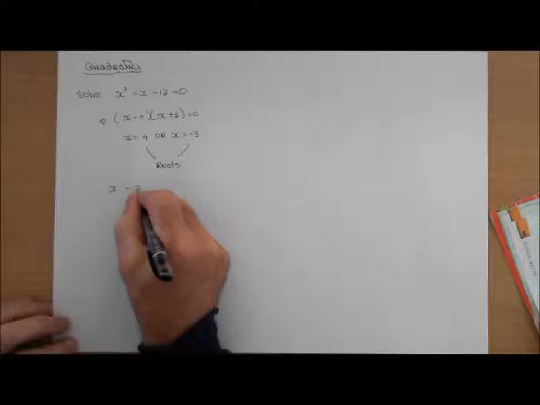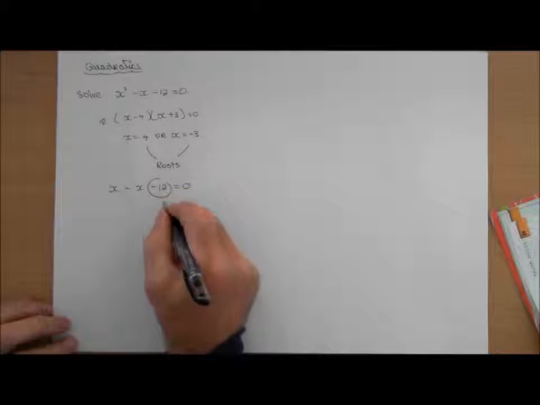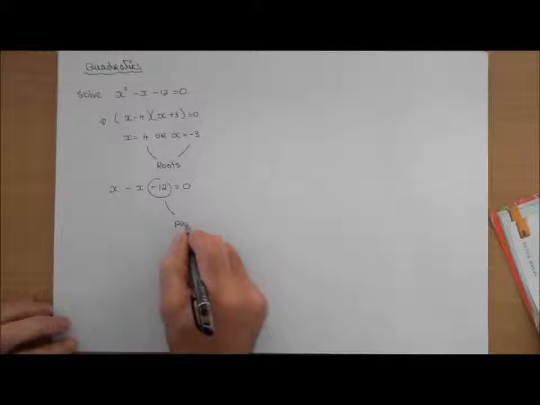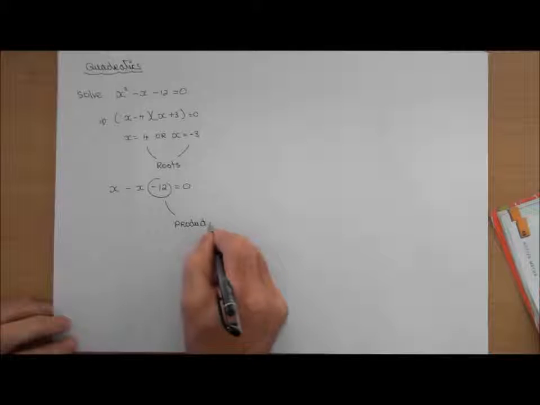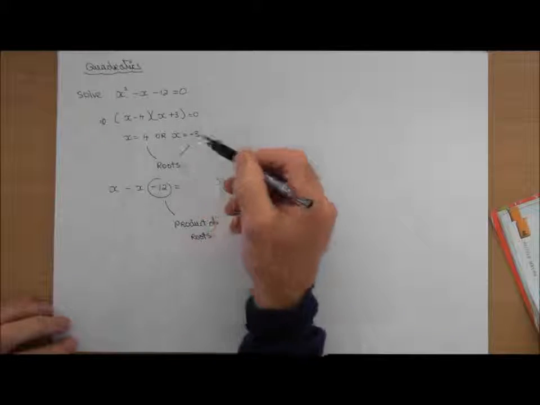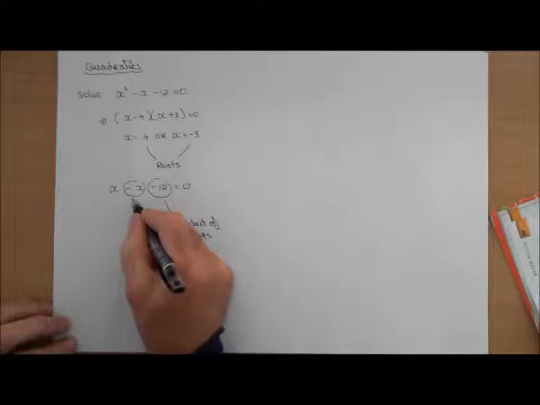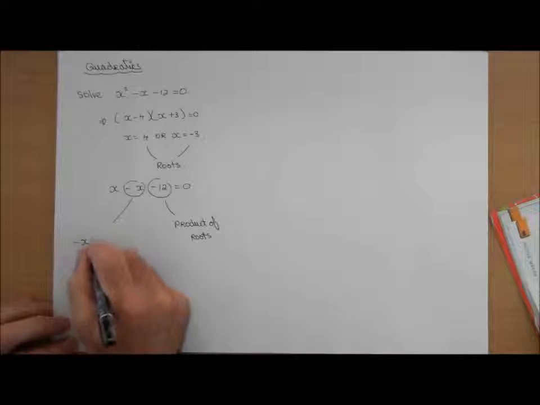X squared minus x minus 12 equal to 0. That number is the product of the roots. Yes? 4 times minus 3, minus 12. That number is minus the sum of the roots.